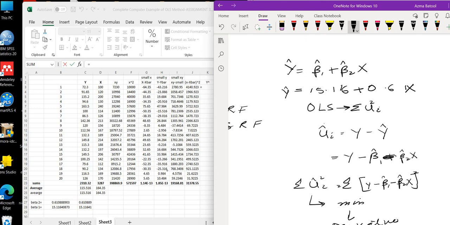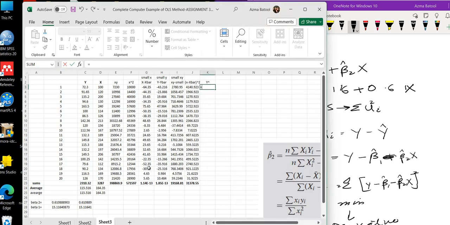So I put equals beta 1, with a dollar sign fixing the cell, plus beta 2, fixing the cell with a dollar sign, multiplied by the x values. Where is x? It's right here, and just press enter. Here we go with the y hat values. Just drag it down.